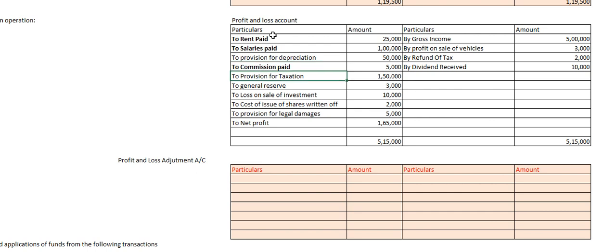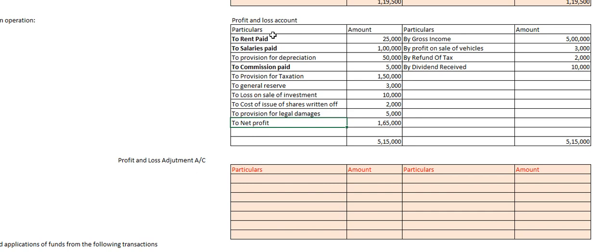To provision for taxation, here we are considering it as a non-current liability, hence we will consider it in our funds from operation. To general reserve, non-operating expenses. To loss on sale of investment, non-operating expenses. To cost of issue of shares written off, non-operating expenses, it's a fictitious asset. To provision for legal damages, the provision made, it's a non-operating expense.